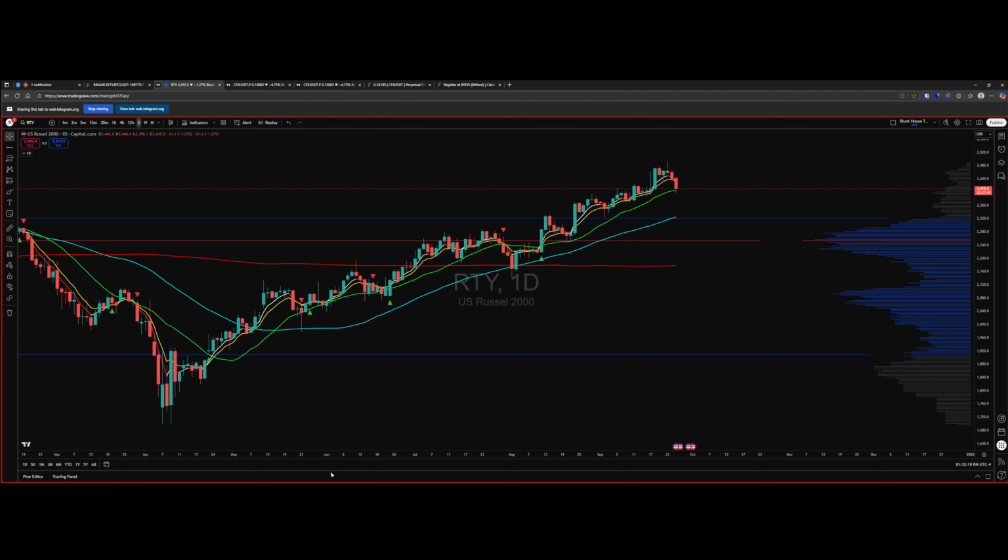You've stayed relatively close to the 20. Every time you got a little bit far away from it, you retraced and tagged it, and the move carried on. When you did break it, as you can see in the middle of the screen, you got support from the 50 and the 200 actually, and then the bounce continued.